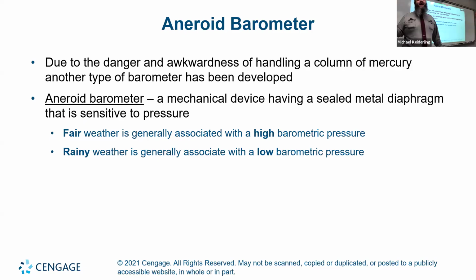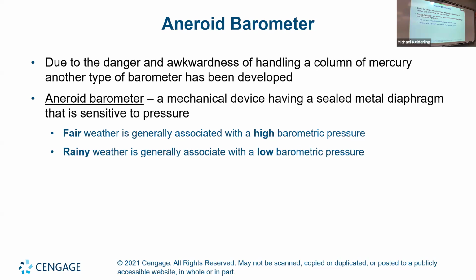Now, mercury barometers are super awkward. Because of the danger and awkwardness of handling a column of mercury, another type of barometer has been developed. These are called aneroid barometers. There is one of them on the wall up there. As you can see, this is not a 30-inch tall column of mercury.